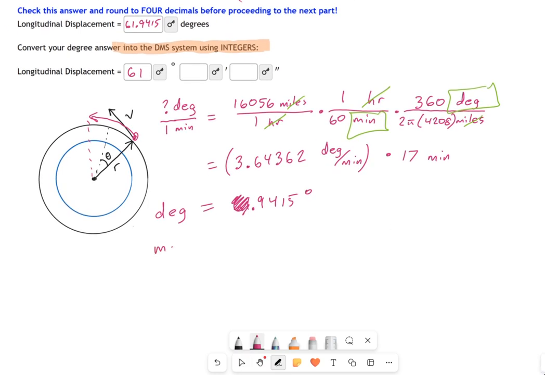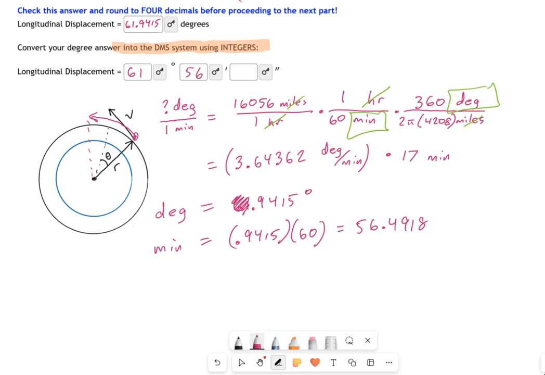And what you have to do is this. I'm going to take my minutes, and that's equal to 0.9415, the leftover decimal part of degrees, times 60. So let's see what we get there. 0.9415 times 60 equals 56.4918 minutes.